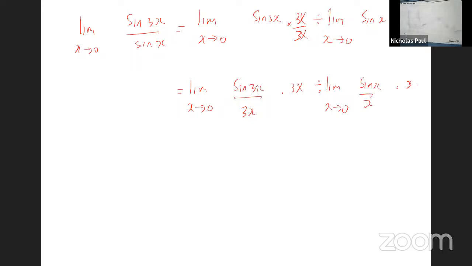I cannot just factor out the 3x, but what I could do is write it like this: the limit as x approaches 0 of sine 3x on 3x multiplied by the limit as x approaches 0 of 3x, divided by the limit as x approaches 0 of sine x on x multiplied by the limit as x approaches 0 of x.